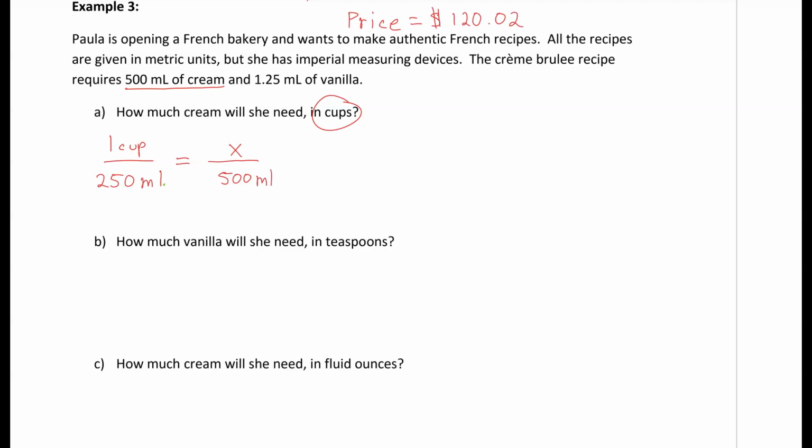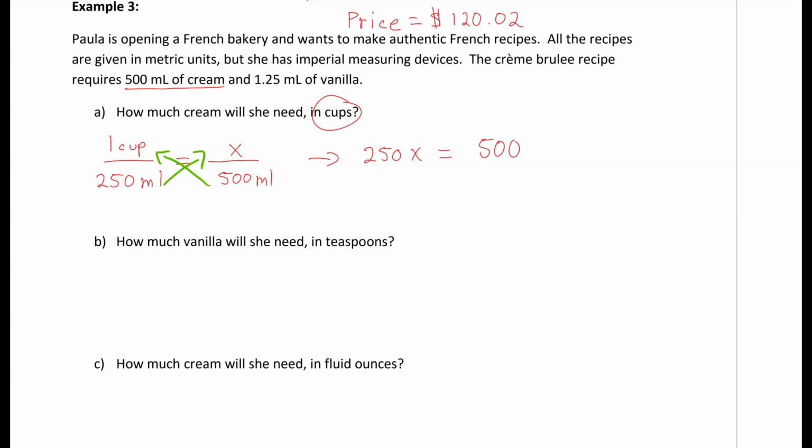So we have 500 milliliters on the bottom. Now we've set this up, we can do our cross multiplication, and this is going to be 250 multiplied by x, so we'll get 250x equals 1 cup multiplied by 500, which gives us 500. Well, we have 250x equals 500, and we want to get x by itself.